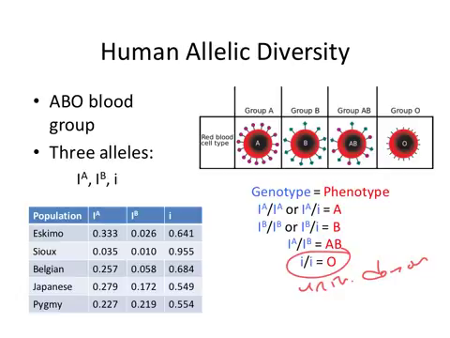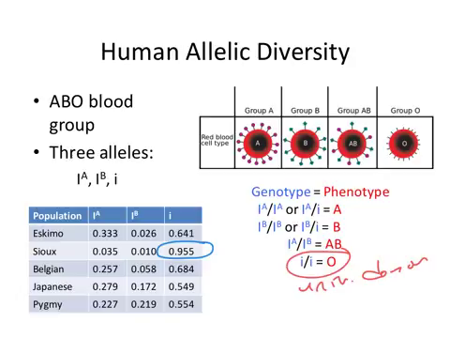You don't have time to send it to a lab to get it typed. A human of which population do you hope is in the area? And you say, hey, give me your blood. Who's most likely to have a universal donor blood type? The Sioux. Holy crap. The allele frequency of little i is 95.5% in that population.